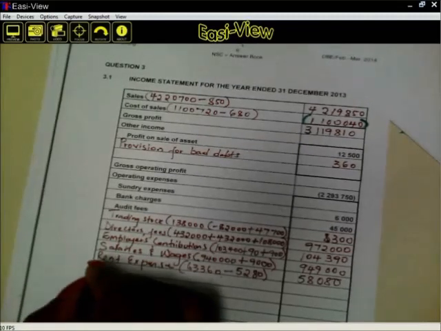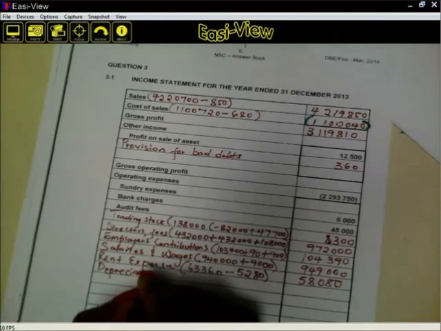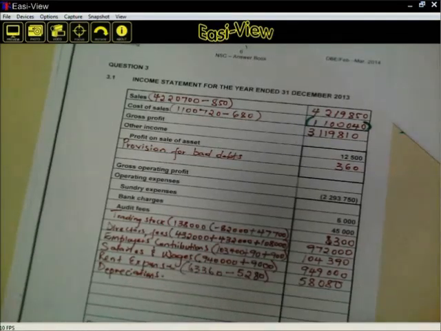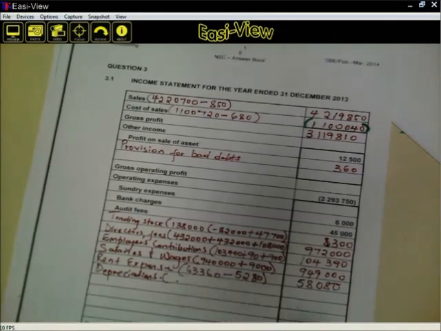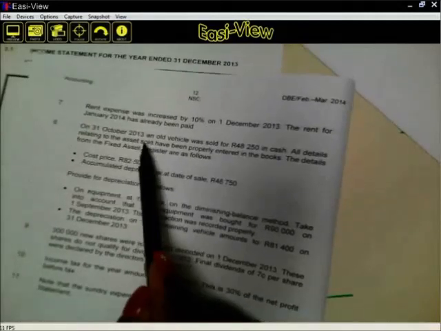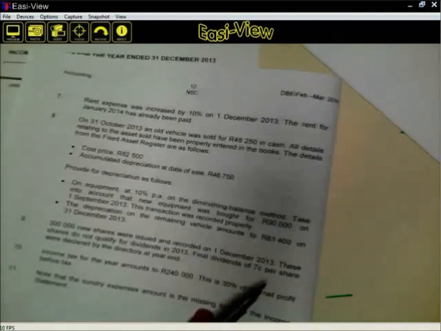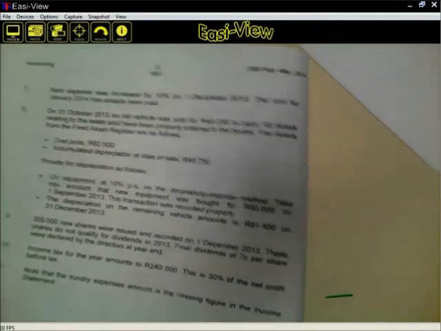Can we go to the depreciation? Many learners struggle with the depreciation. Let's check the assets. Here, adjustment number 8. On the 31st October 2013, an old vehicle was sold for 48,250. When you sell, you have income. Selling, disposal.